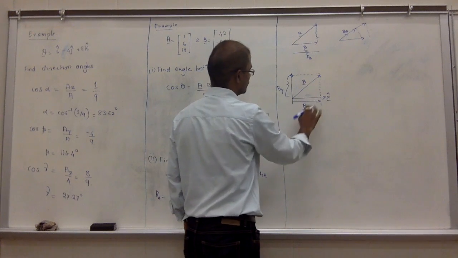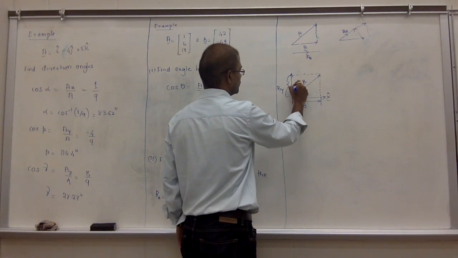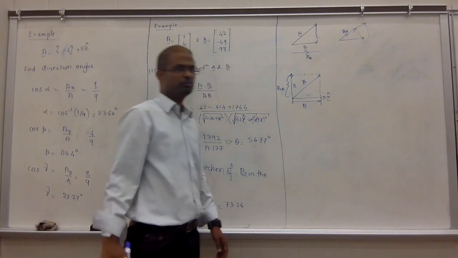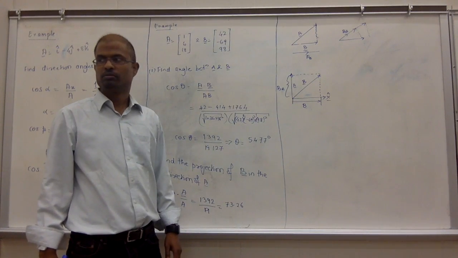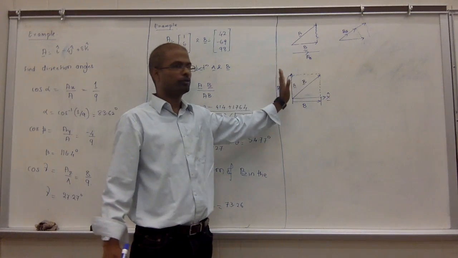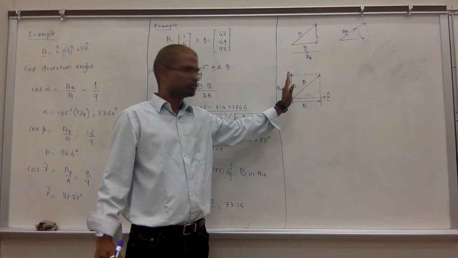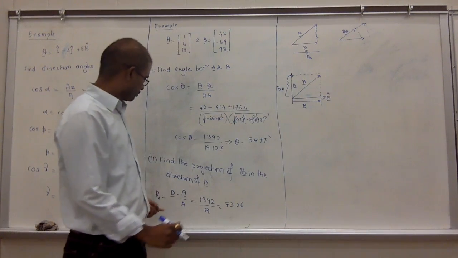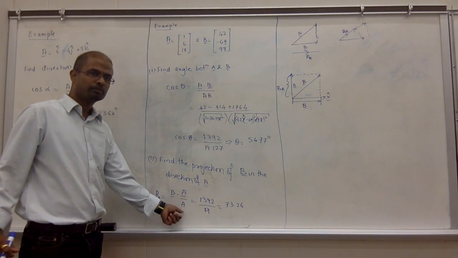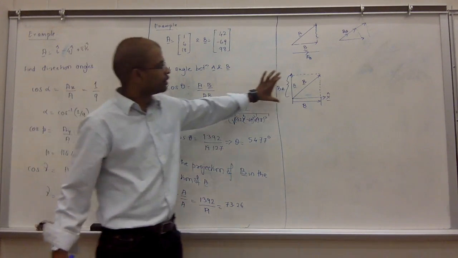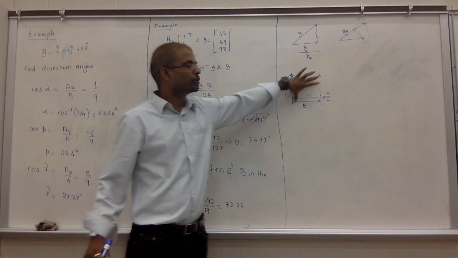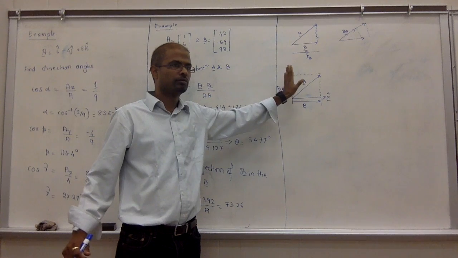If this is A, this becomes B. The projection of this vector onto this. Right? So you see while we are doing this, vector A over A, you are making this vector a unit vector. So you get components of B on A.